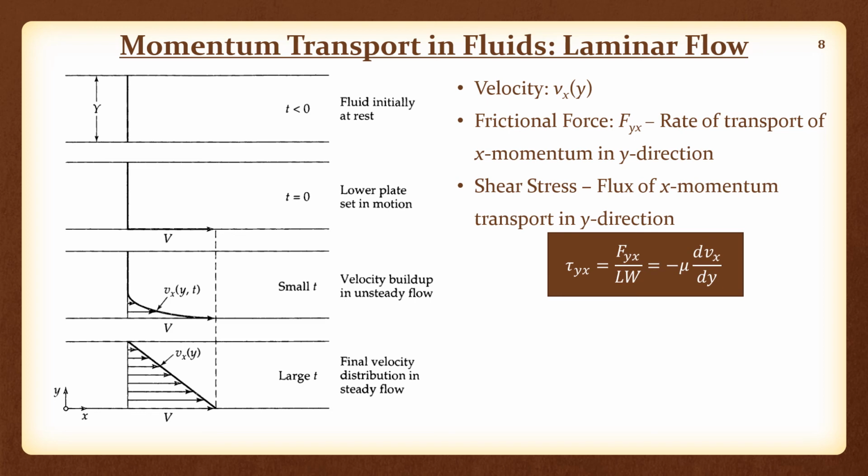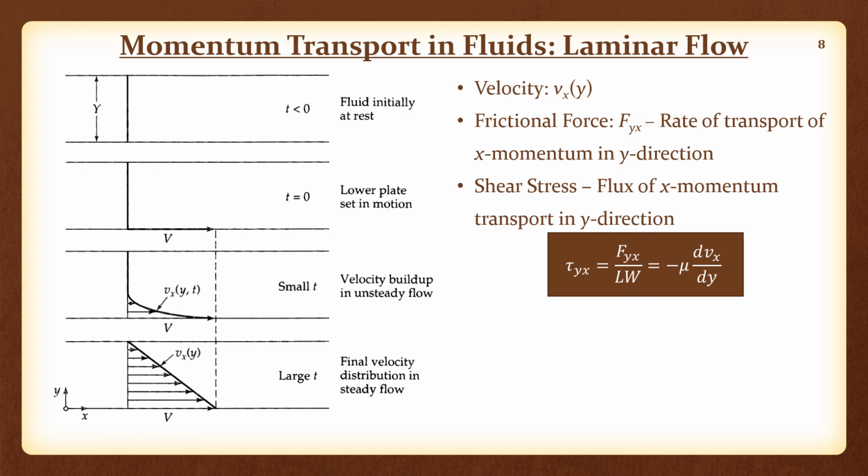And this molecular momentum flux is proportional to the extent to which the x momentum is decreasing as one goes along y, which is captured by the rate of change of x velocity in the y direction.